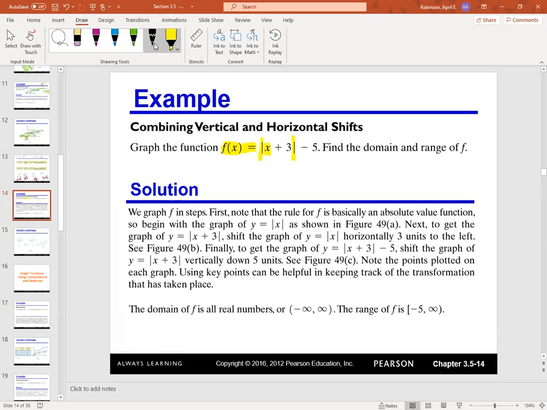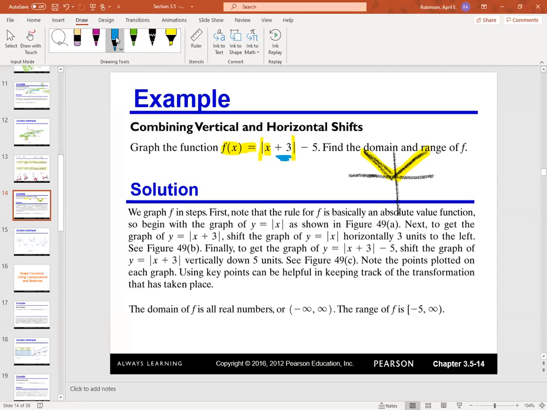But everything that I see in the yellow, I don't have much room to draw this. I'm seeing this graph. It's an absolute value graph. y equals the absolute value of x.